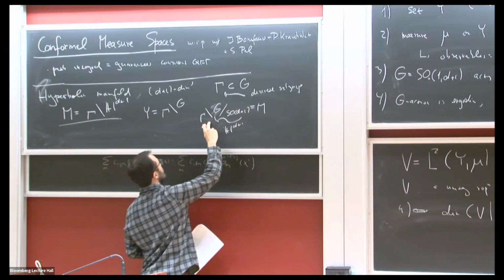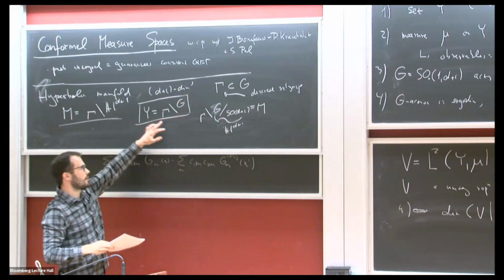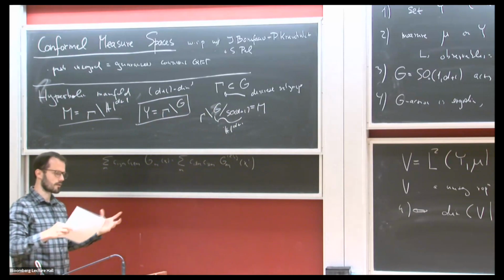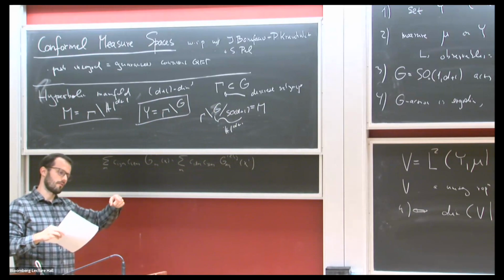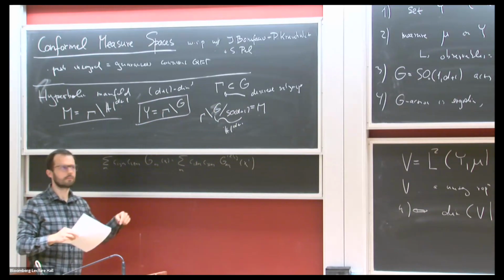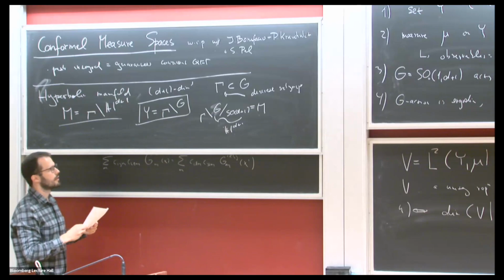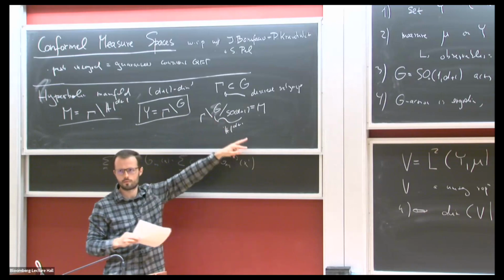So the manifold is a double quotient, but the conformal measure space is this. It's like a fiber bundle over the manifold where the fiber is SO(D+1). It's a phase space of unit velocities of the manifold. Sorry, that's not right. I think the orthonormal frame bundle is the technical term.